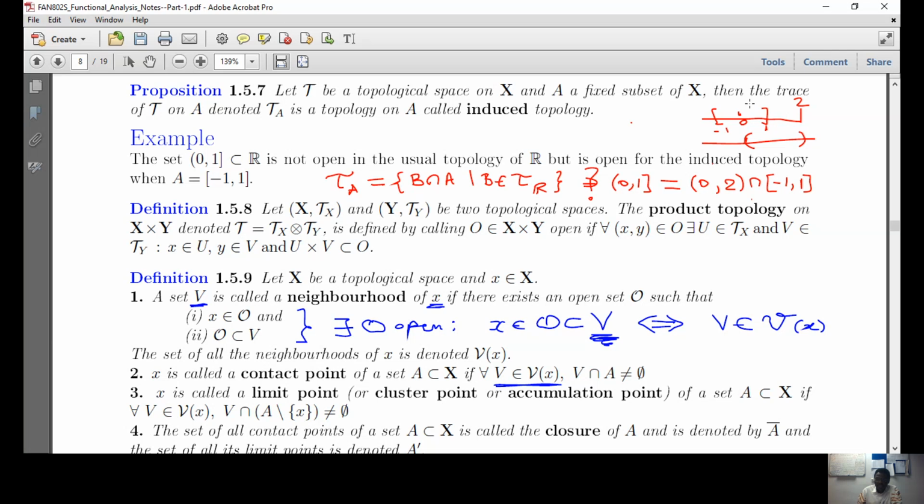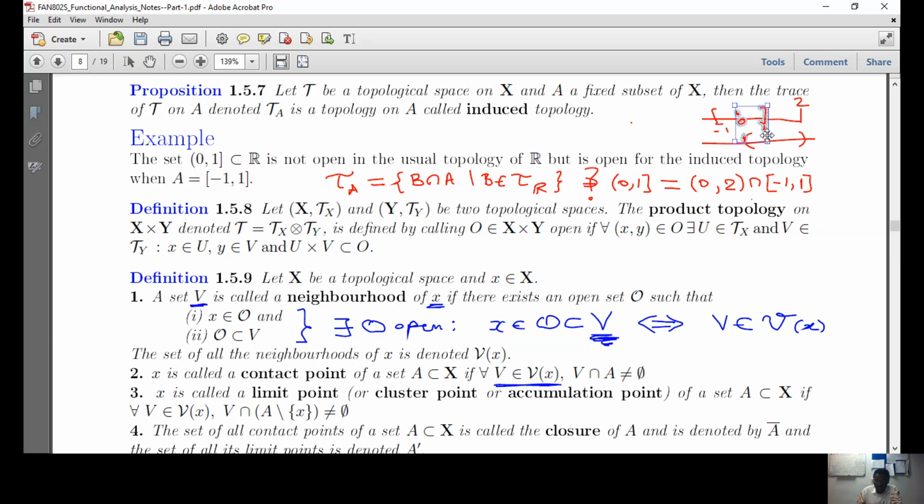Now, if you want to take the intersection of both, that is (-1, 1) and then (0, 2), the intersection will be this one. Right? The common part to the two will be from 0. So you see, it is already open at 0 here, and it is closed at 1.